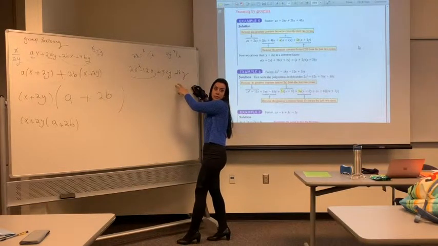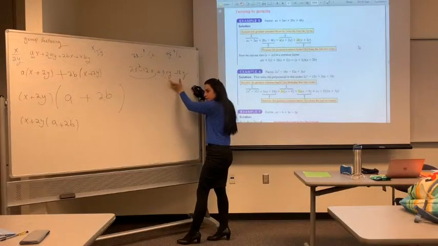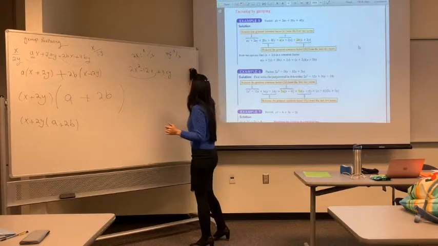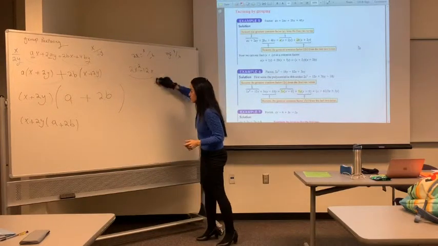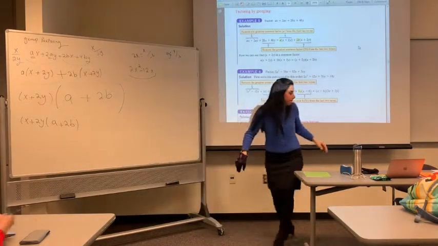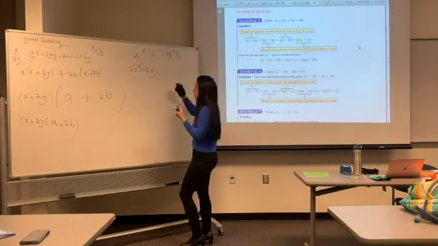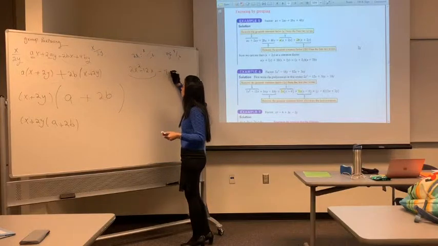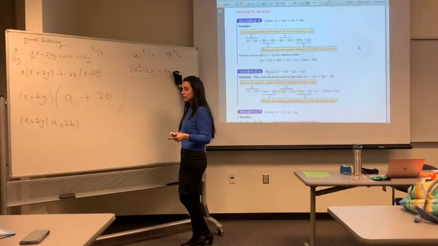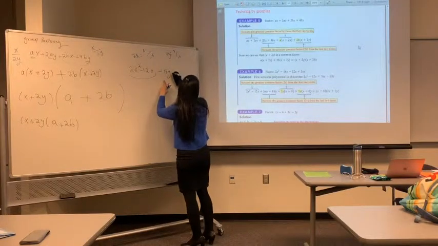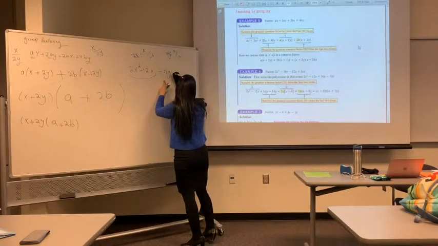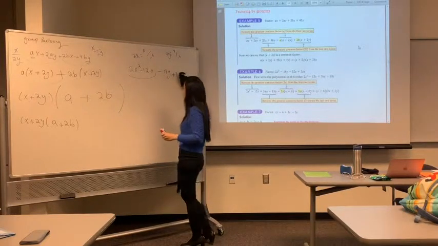Do you understand what I want to do? I'm just switching these two in this group, or what you call rearranging that. So negative 18y goes first, and the plus and minus will change.